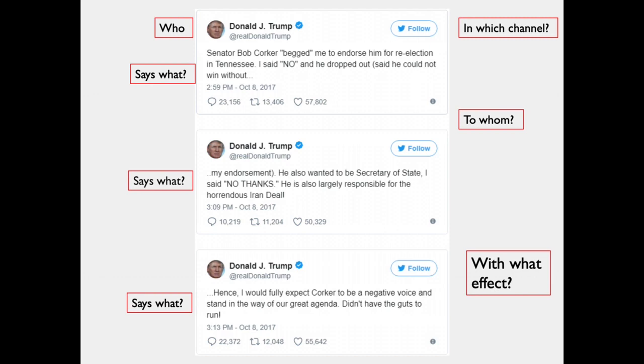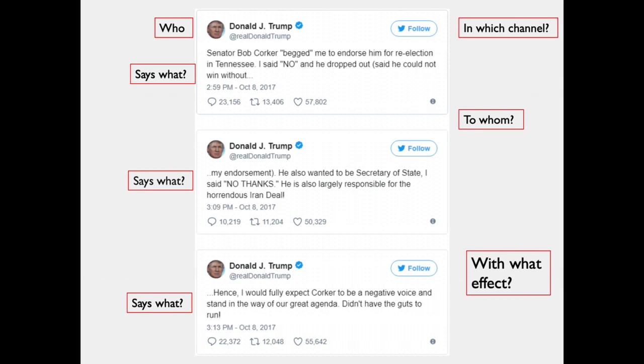So the channel itself is very important here. What does Twitter do? Twitter, of course, used to have a limit on the number of characters that you could use. It used to be 140 characters. It's now 280. So it's possible to put more text in now, but I think this was from when it used to be 140, but I could be wrong.